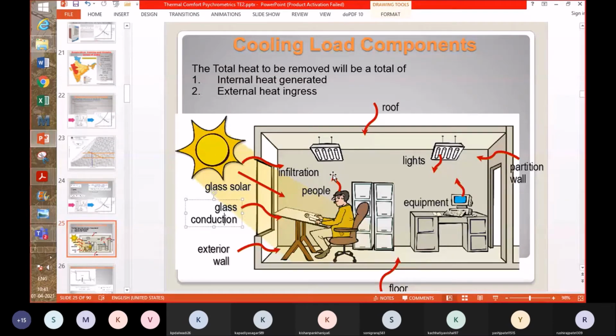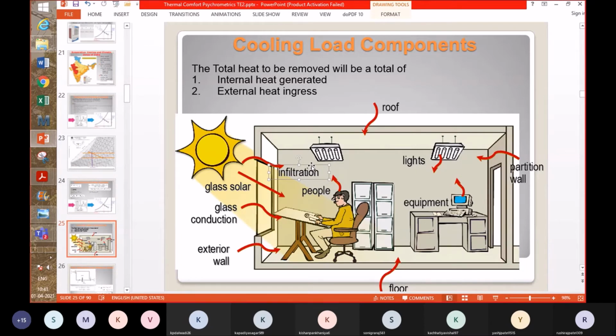And then above that, this is shown as infiltration. Infiltration is unwanted or uncontrolled entry of outside substances. So in this case, it is air.